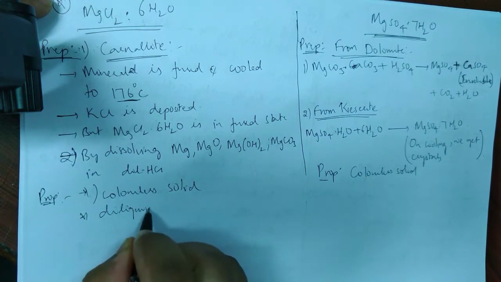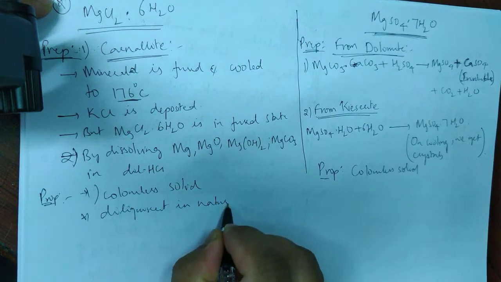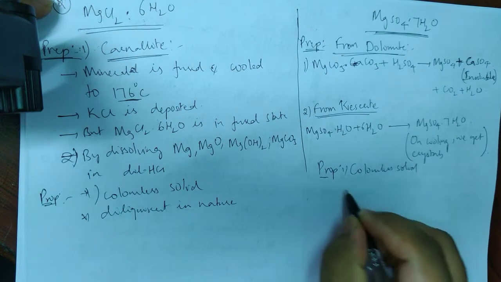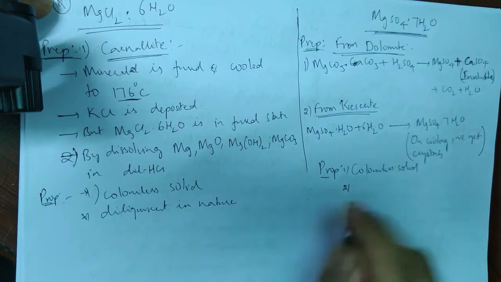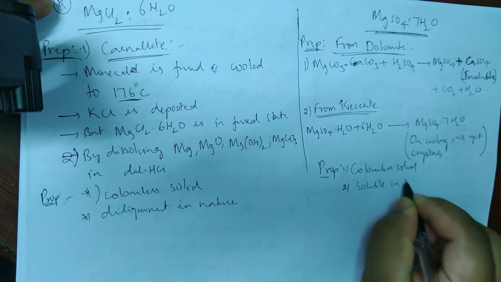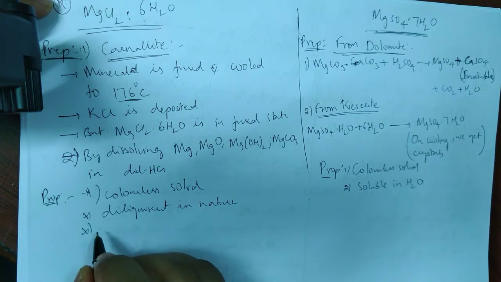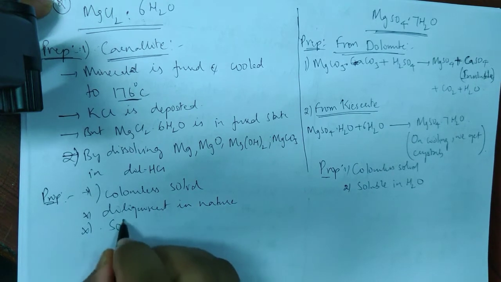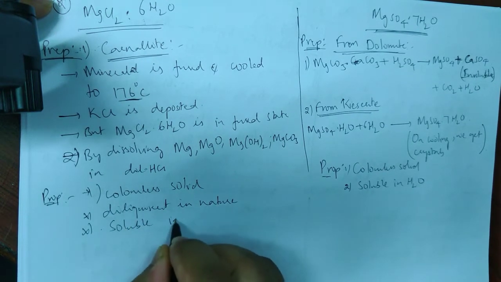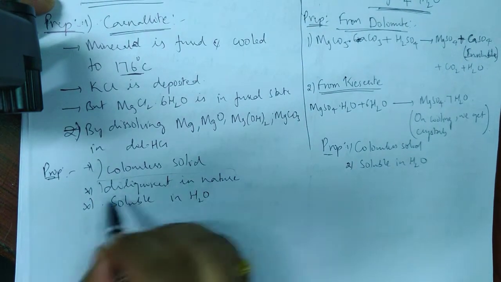What do you mean by deliquescent? It absorbs moisture and dissolves in it, correct? Then this one is soluble in water. And deliquescent itself says that it is also soluble in water. In terms of solubility, both will dissolve in water. Only thing is this is more deliquescent.